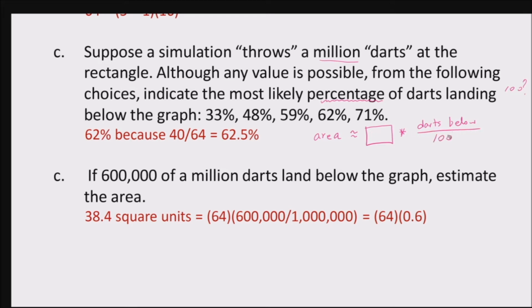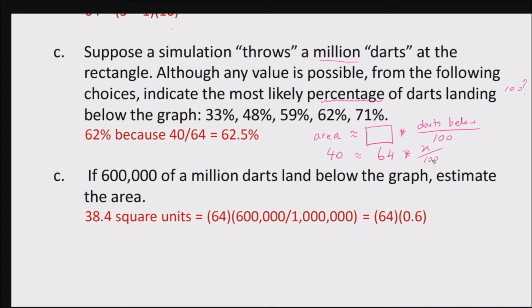So what is this equal to? Well, I know the area below the dots, without calculating any of this. I know it is 40, we calculated it up there. And the area of the rectangle is right here, which is 64. And I don't know this value, so let's call it x, and I know 100 is here.